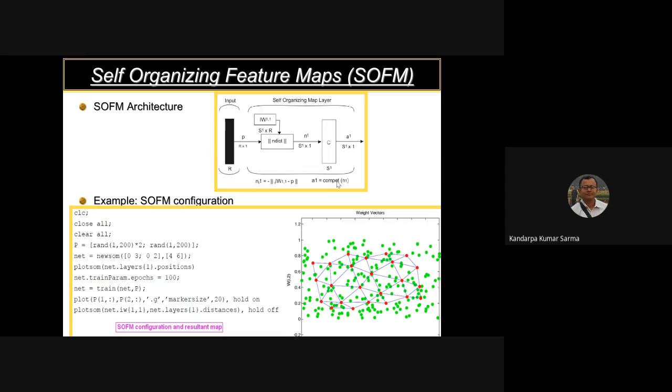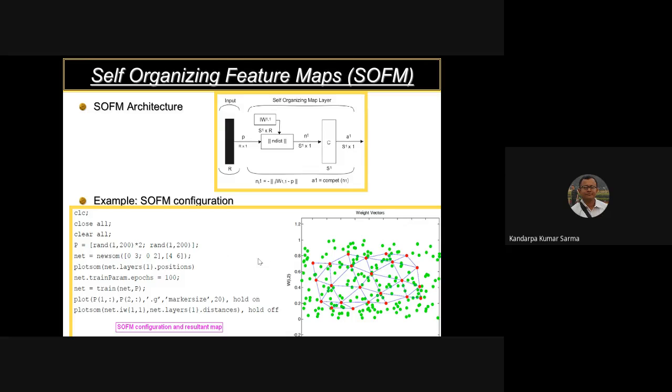So a small problem here shows that from a pattern created by the use of random numbers, P with random numbers is now used to configure a SOM by the use of the newsom function that takes values between 0 and 3 and 0 and 2 in the first part.